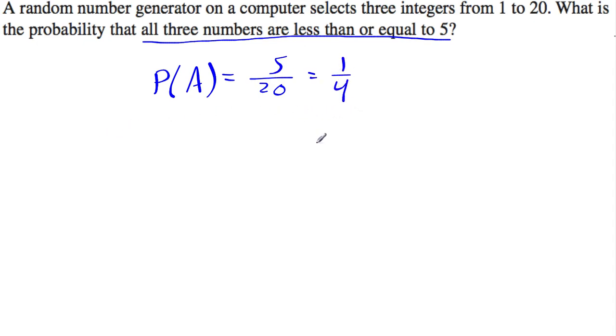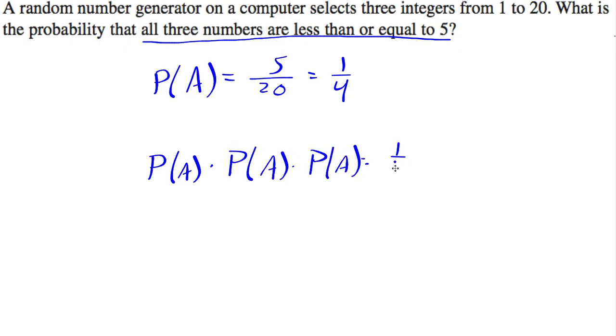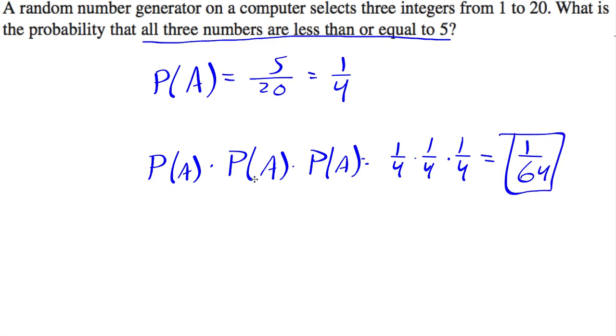But now it happens 3 times. So the probability of this happening is just the probability of A times the probability of A times the probability of A, which is 1/4 times 1/4 times 1/4, which is equal to 1/64. Because these are completely random. Random and independent go together very nicely. If you see one, you probably see the other.